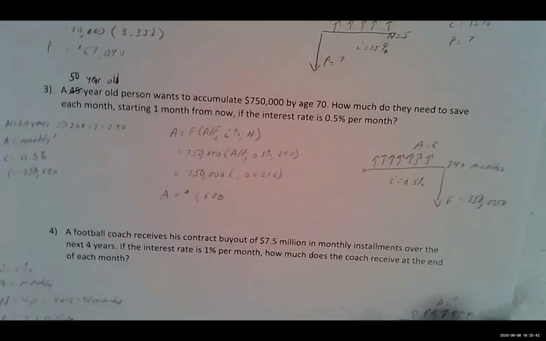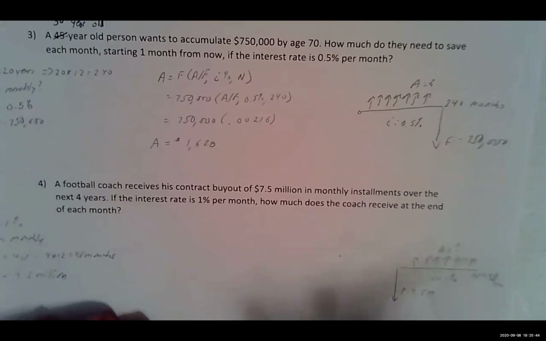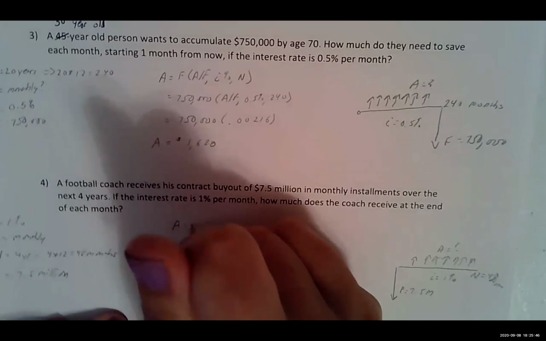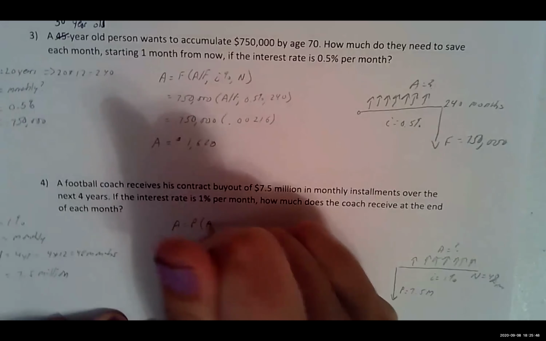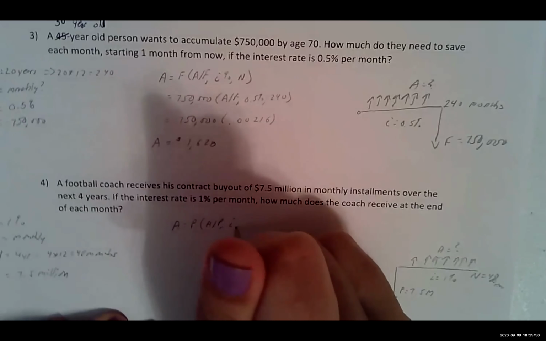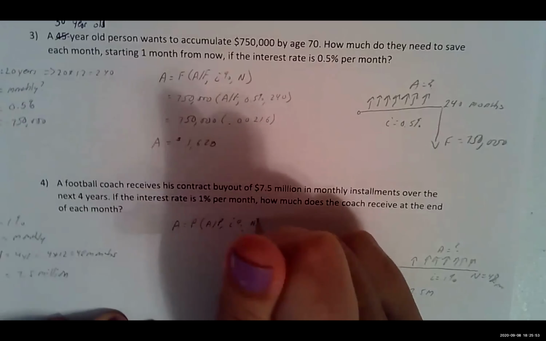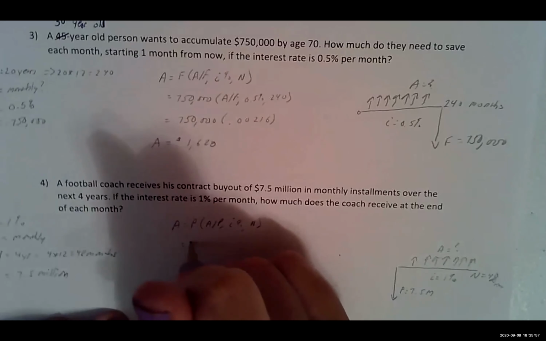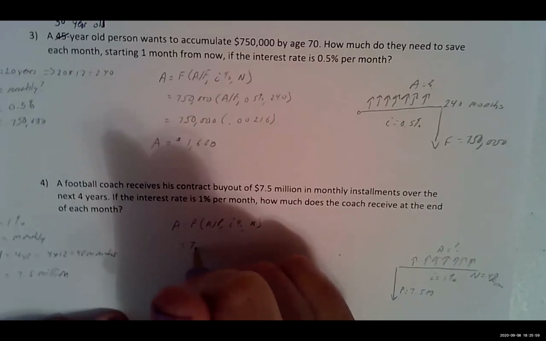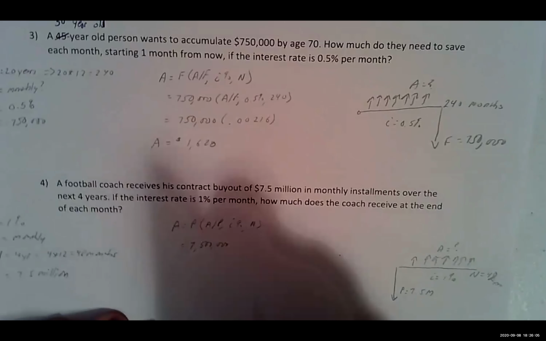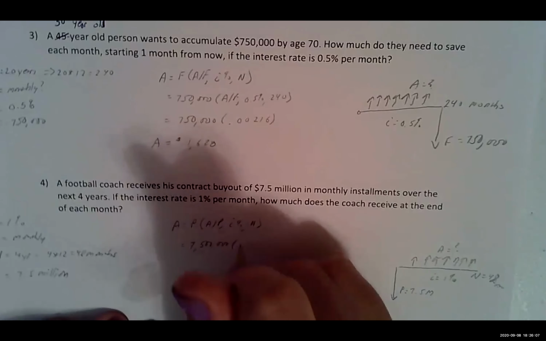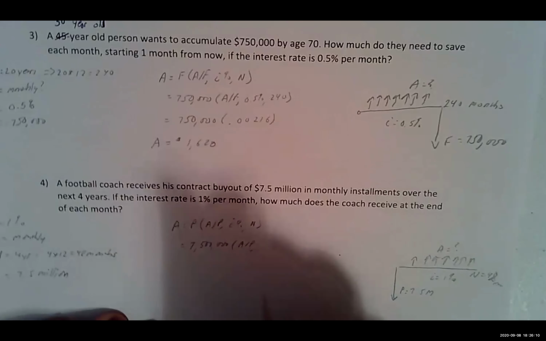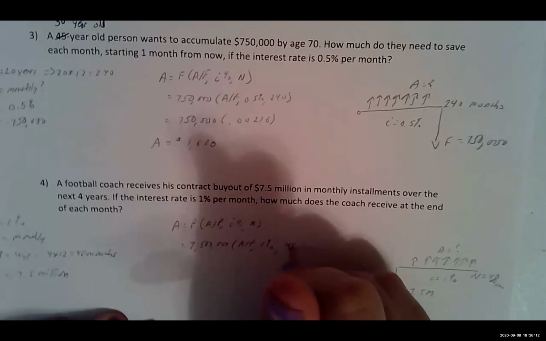So baseline formula, what do I usually work with? A is equal to P times an A given P factor, which is a factor of the interest rate and of the timeline, N. So A is equal to $7,500,000, I'll write fully out this time, times A given P for an interest rate of 1% over 48 months.